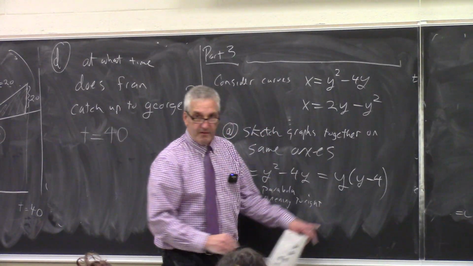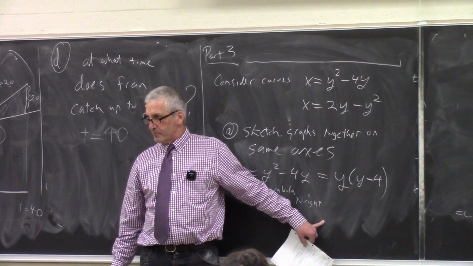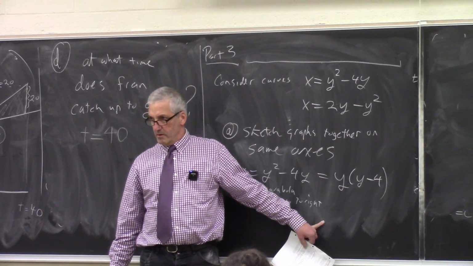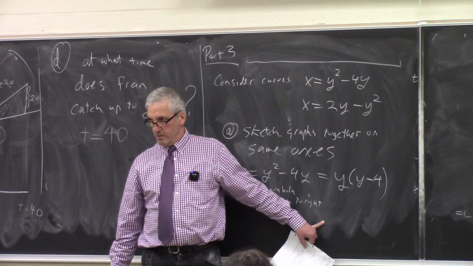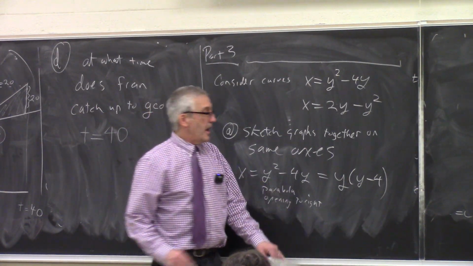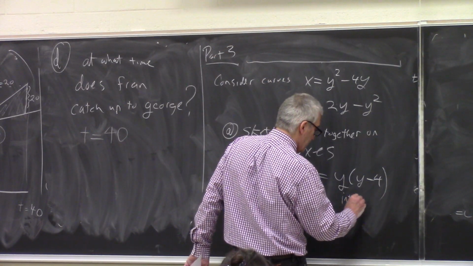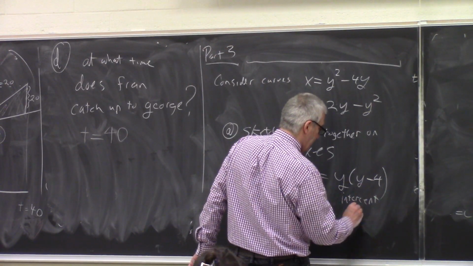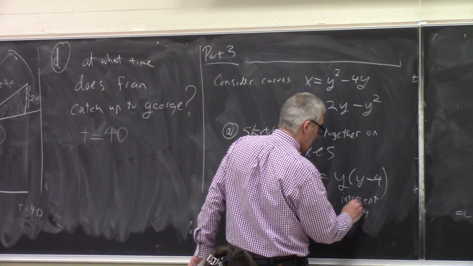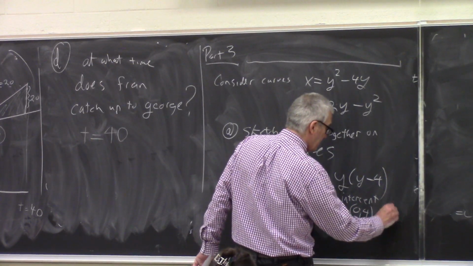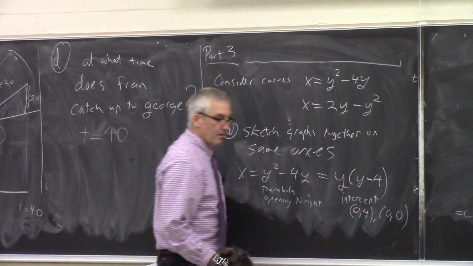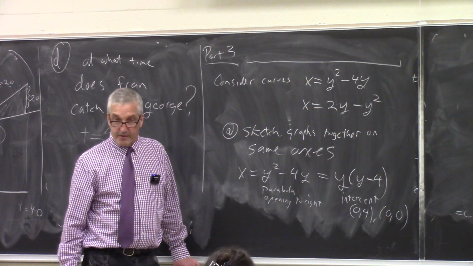So what does this tell us about the graph? Marcy? The roots are at 0 and 4, y equals to them. Yeah, so intercepts at 0, 4 and 0, 0. So in other words, vertical axis intercepts.